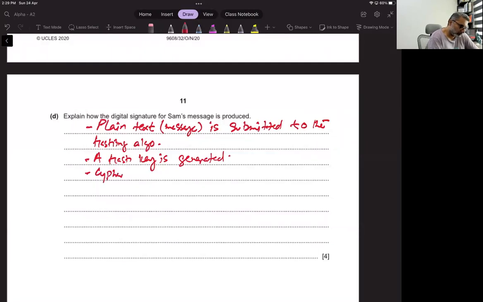Ciphertext and hash key are put in a digest called message digest.